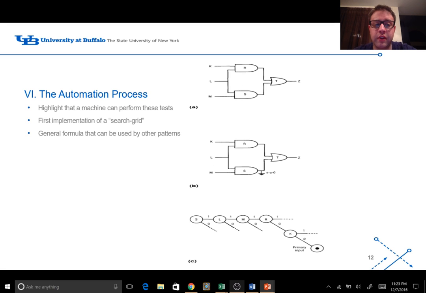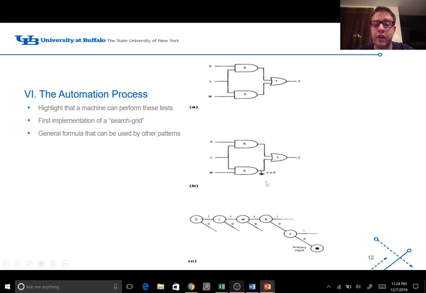So the automation process. On this slide, I really just wanted to highlight that a machine can perform these tests. What it essentially allows us to do is implement a search grid. Here on the right-hand side, I have a circuit on top. Again, the actual specific layout of the circuit is relatively arbitrary.